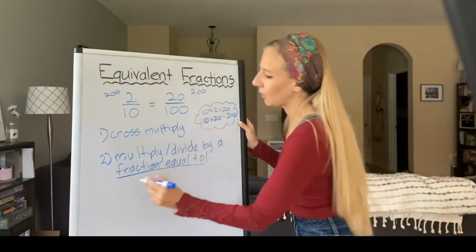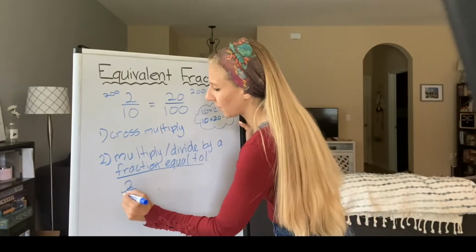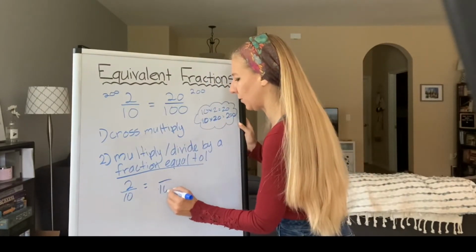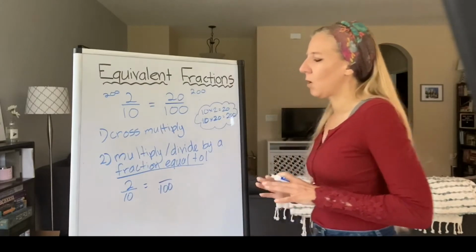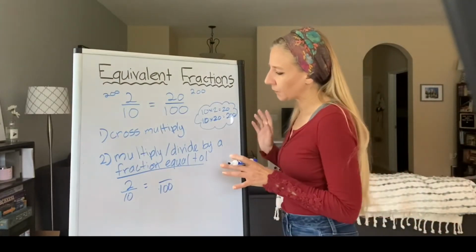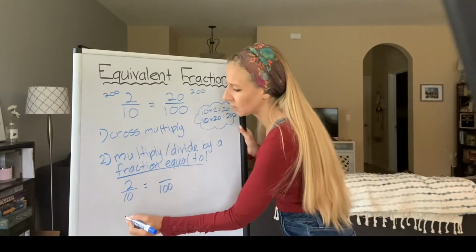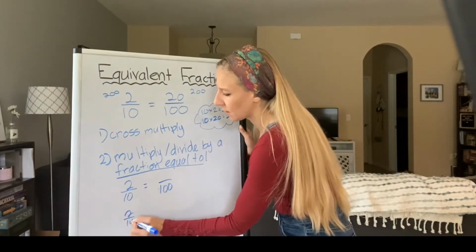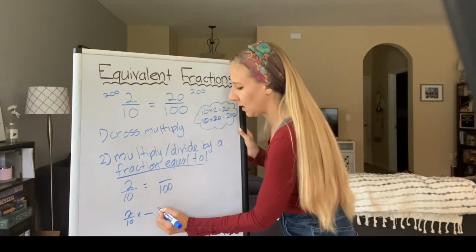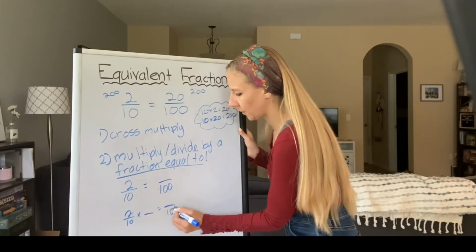So 2/10 equals what over 100? So this time we're going to multiply or divide by a fraction equal to 1. So that would mean that I would say, okay, well, 2/10 times this fraction that's equal to 1 equals what over 100?